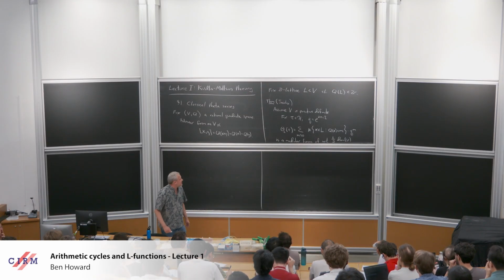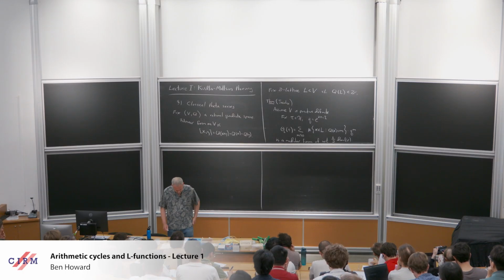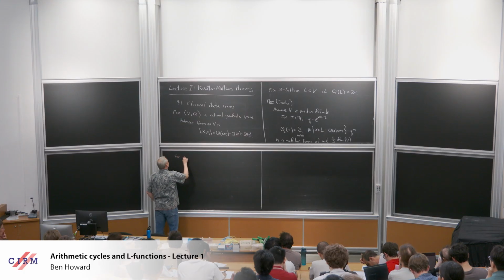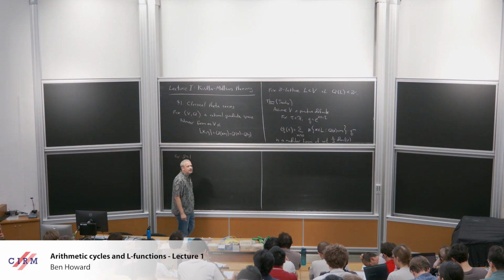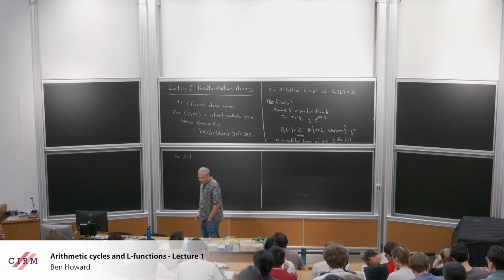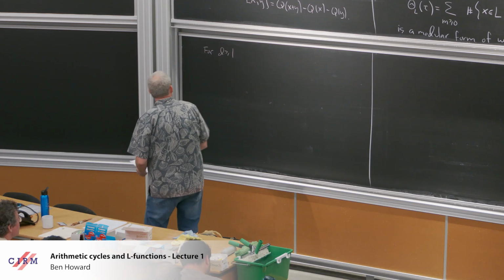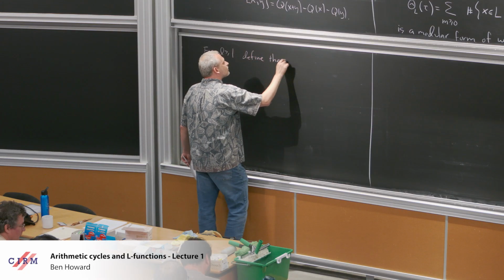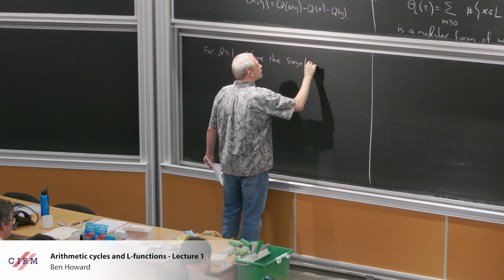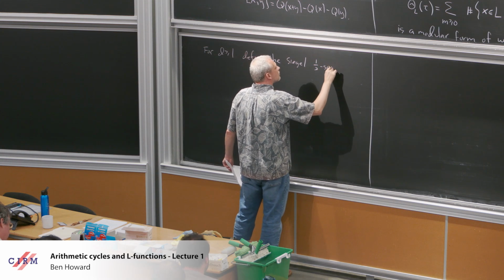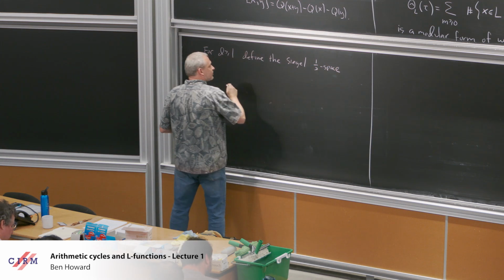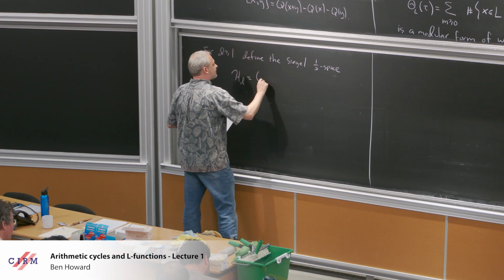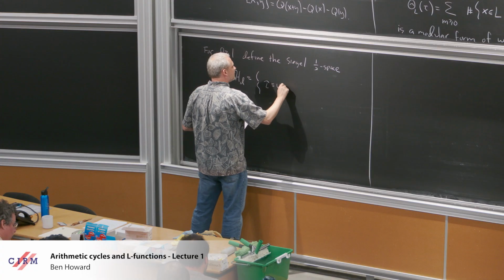So then about 100 years pass, and Siegel comes along. So now let's take a positive integer d, and define the Siegel half space of degree d or genus d, depending on who you ask. H_d is the set of all tau equals u plus iv.